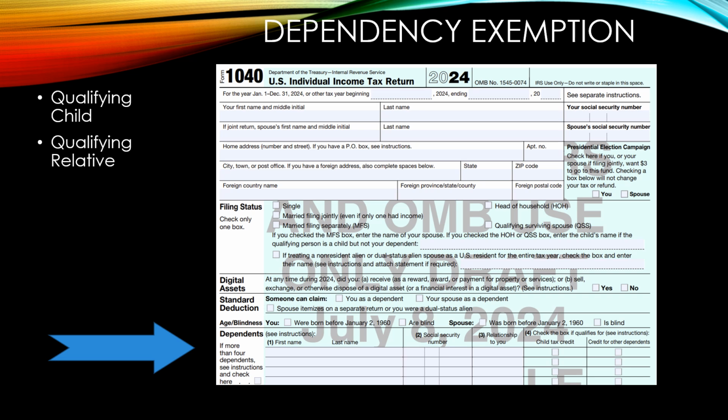You can see right there on the page where we put down the first and last names, the social security number, their relationship to the taxpayer. And then there's a couple of columns for what kind of credit this person might qualify for. We'll cover more about those credits in a later lesson, but you can see where they show up.